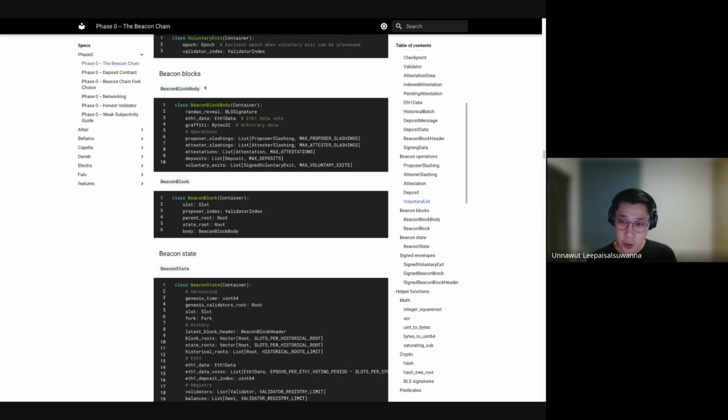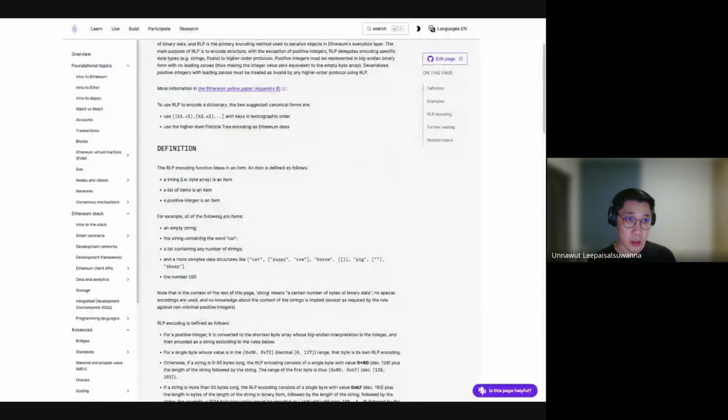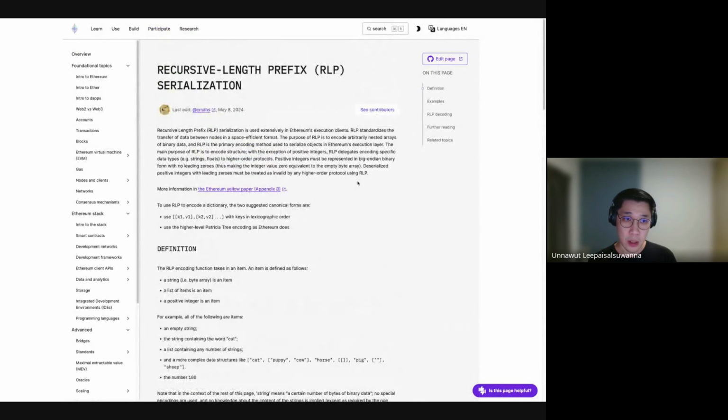There are actually two serialization methods in Ethereum. One is called RLP, or recursive length prefix. This is from way back before even the merge or before the beacon chain was up. So it's basically used by the execution layer to encode things.